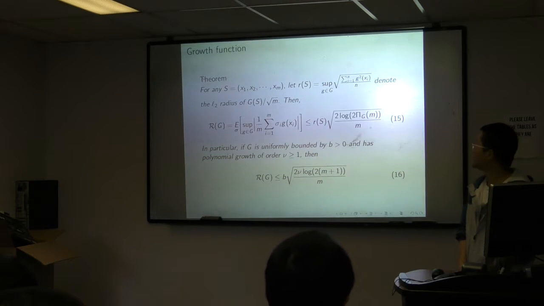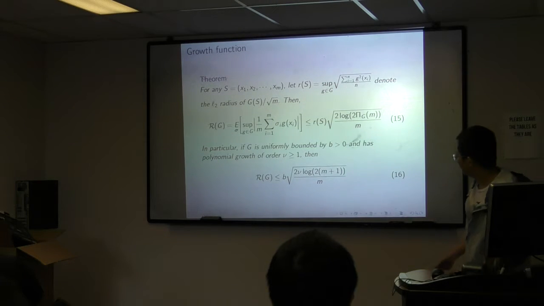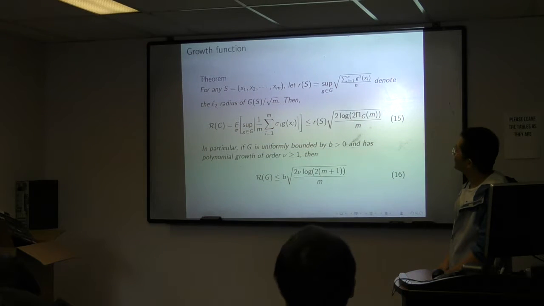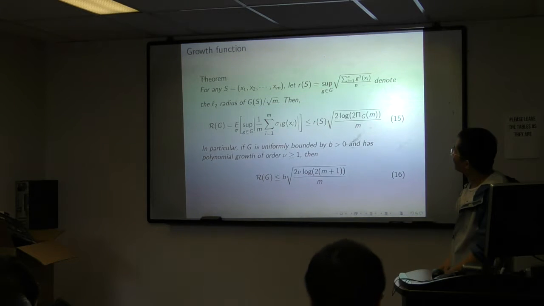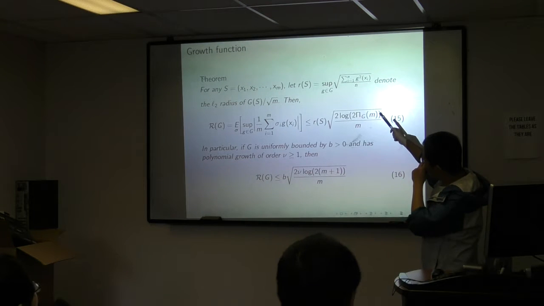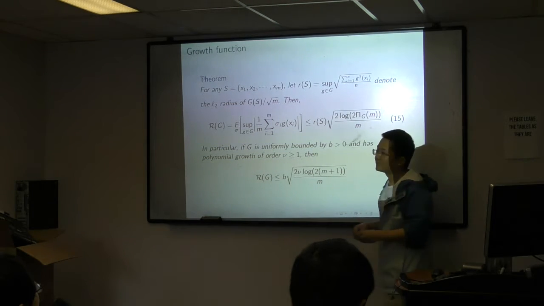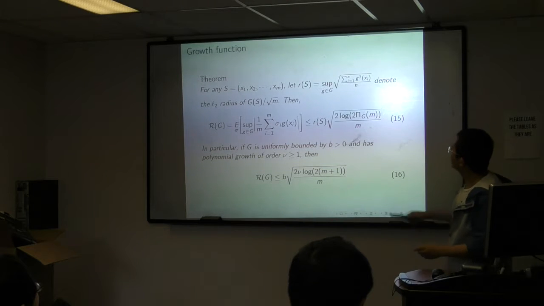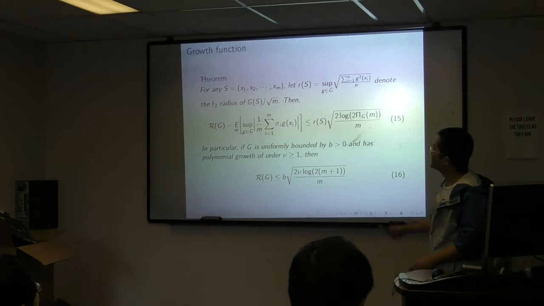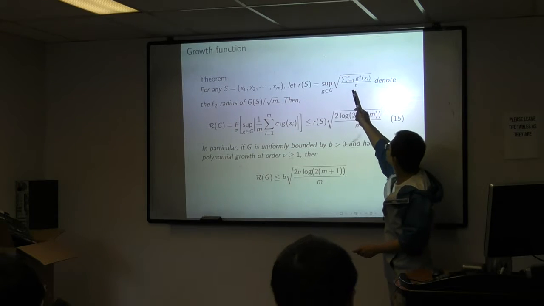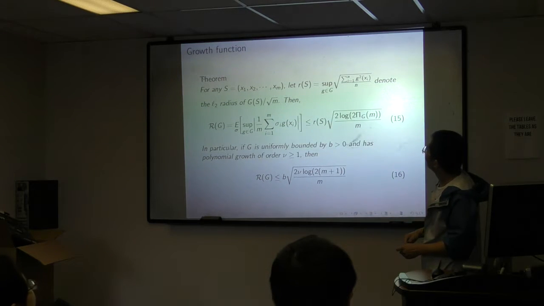It's called Massart's lemma. First, S is the sample, and R_S is defined as the supremum of the square root of the summation of g squared over n. In this definition the function class is capital G, and the small g is in the function class big G.